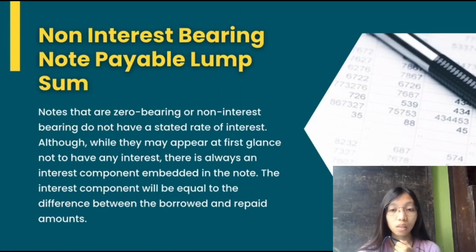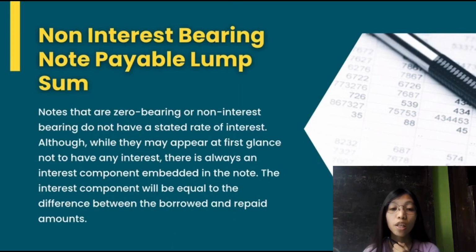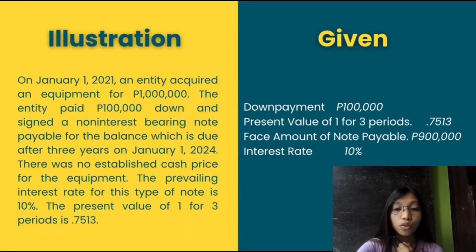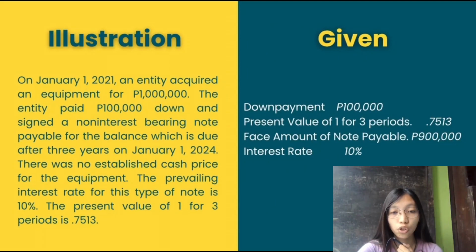In most cases, the transaction between the issuer and the acquirer of the note is at arm's length, so the implicit interest rate would be a reasonable estimate of the market rate. So next slide, please. Here we have an illustration.